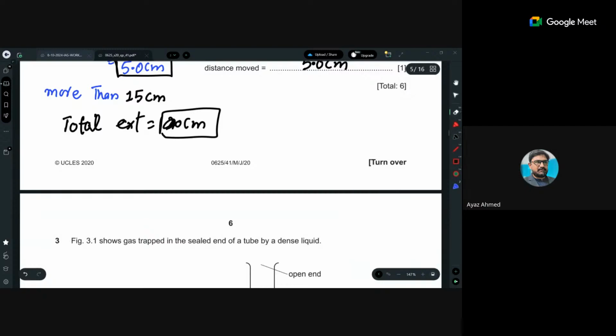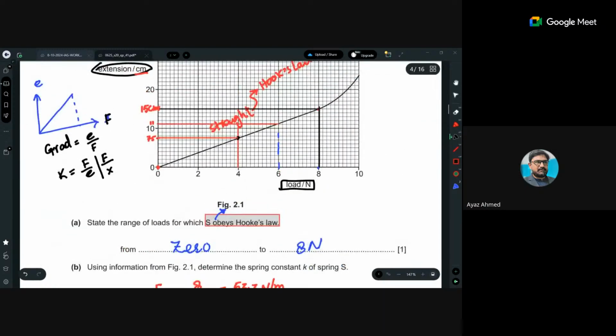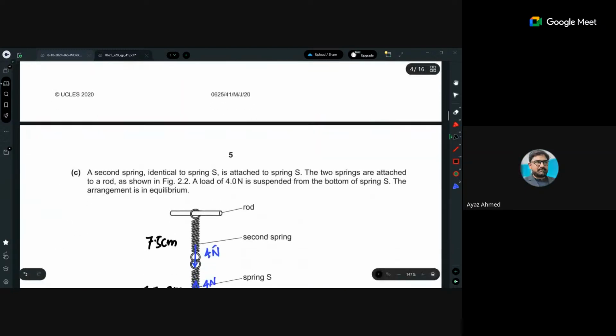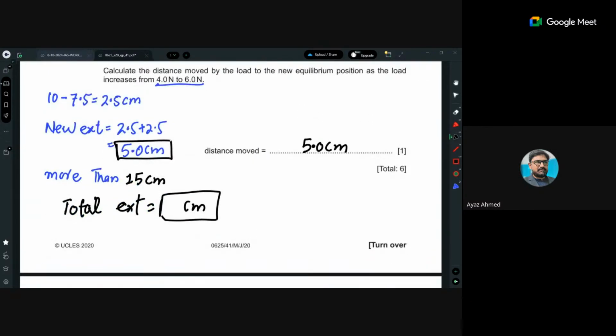The new total extension is not 20, it is 22, because the extension due to one spring was how much? 11. At 6 Newton it is 11 centimeter, isn't it? Yes, I made a mistake here. I subtracted 10 from 7.5. It was 11 from 7.5. Okay, 11.